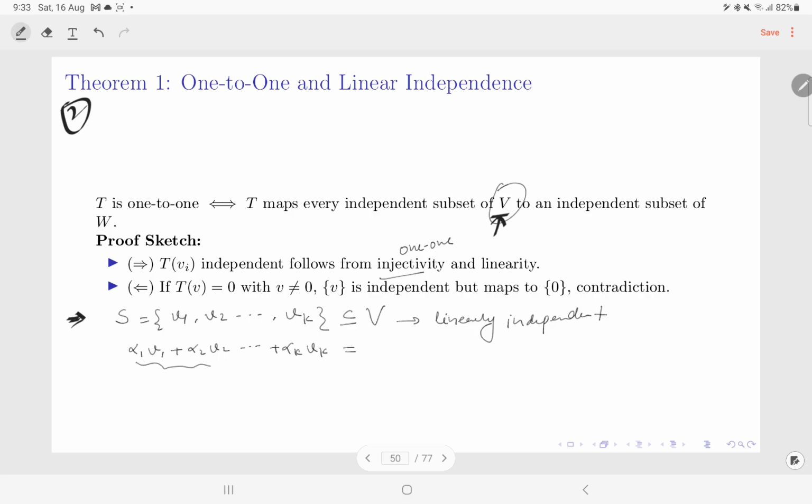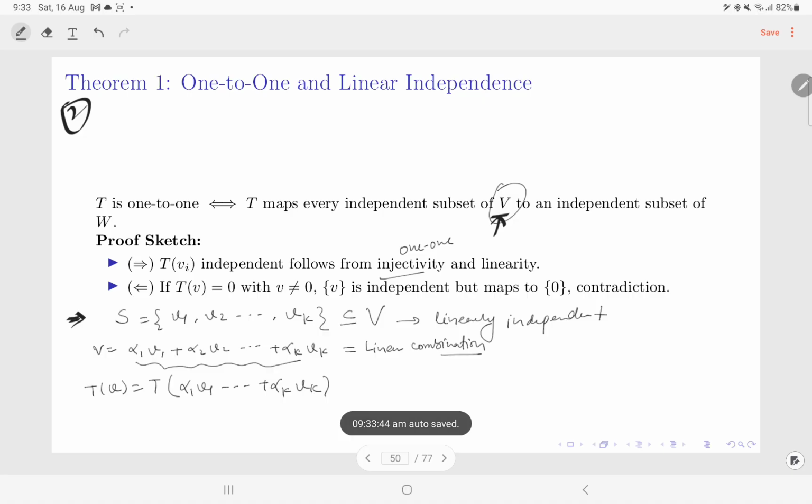So this is the linear combination of all the vectors in V. Let's say this is v, then T(v) can be written as T of alpha 1 v1 plus and so on plus alpha k vk.